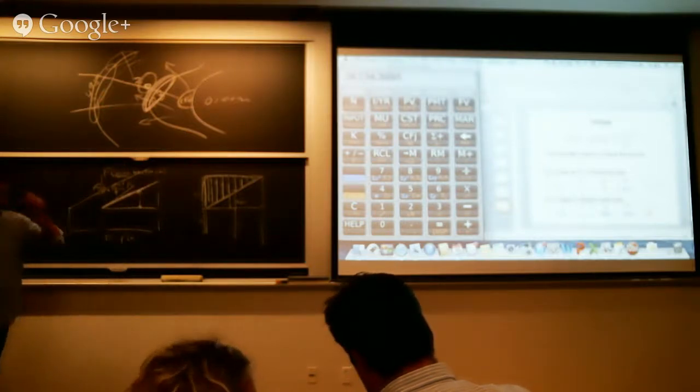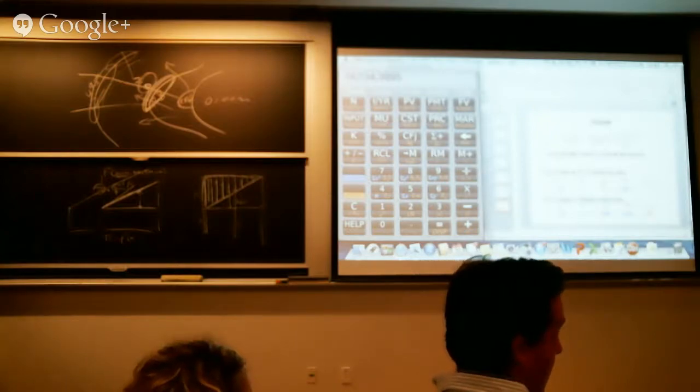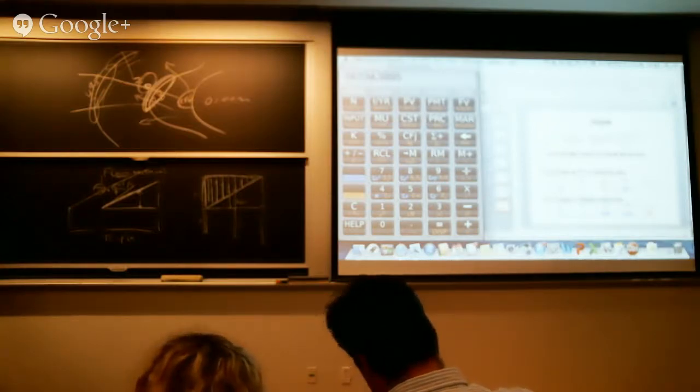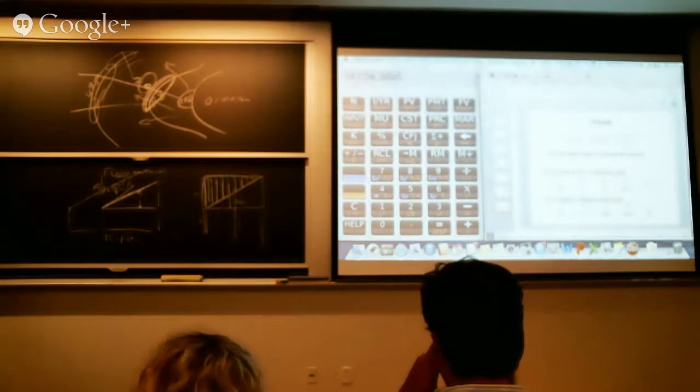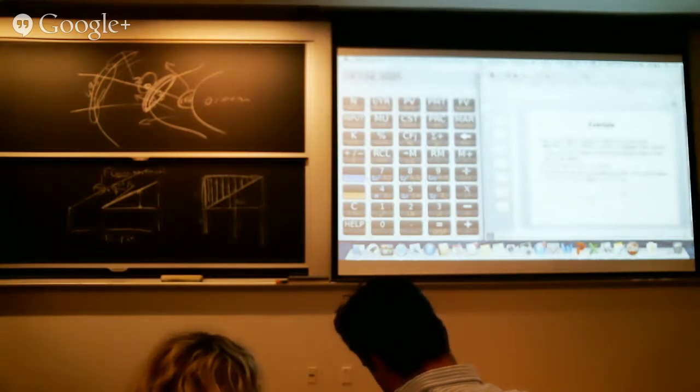Can you just go back to how you calculated the payment amount in the first place? Right, because this is a two-step calculation.